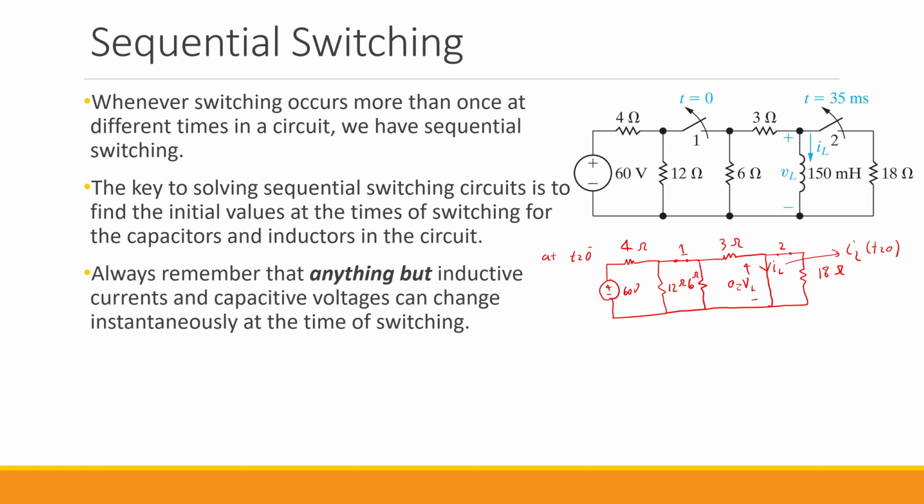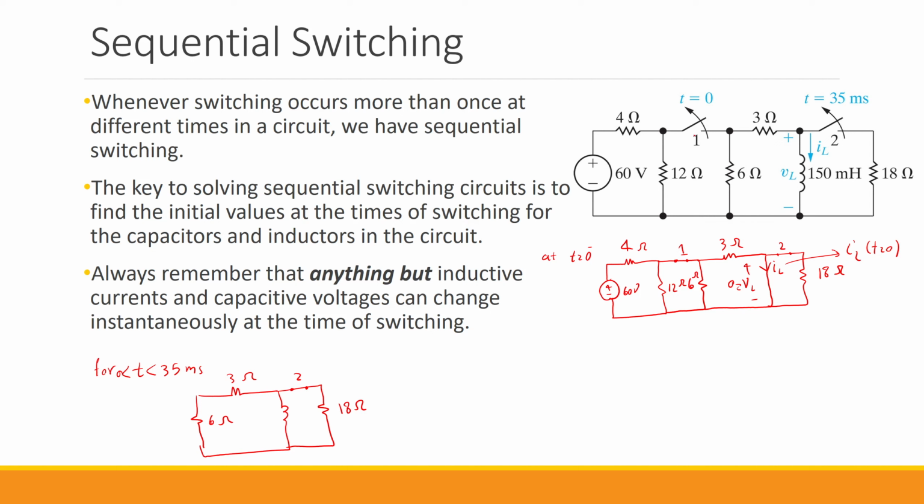Now at time equals 0, switch 1 opens, and the circuit is going to look like this. For time between 0 and 35 milliseconds, our circuit contains this 6 ohm, this 3 ohm, the inductor, and this resistor, and this is switch 2, which is in the closed position.